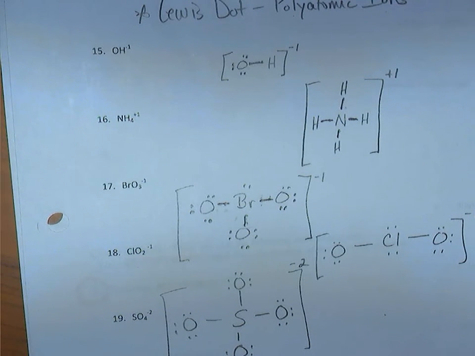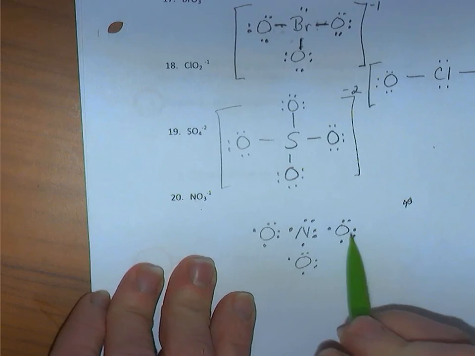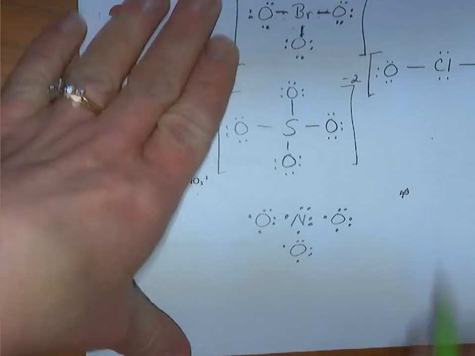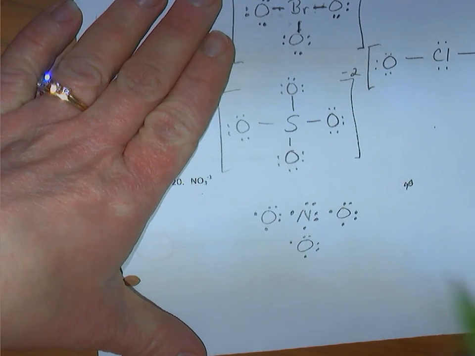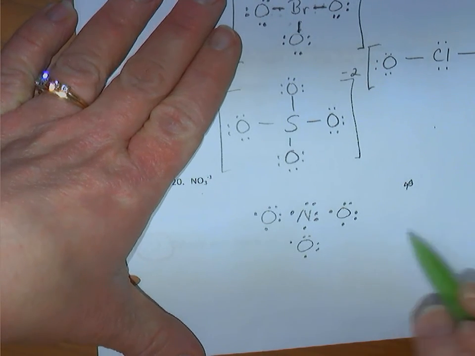All right. Nitrogen needs 2 more. Each oxygen needs 2 more. Here's a tip I have. If your structure has more than 1 oxygen, try satisfying the bonding of 1 oxygen at a time, not all at once.